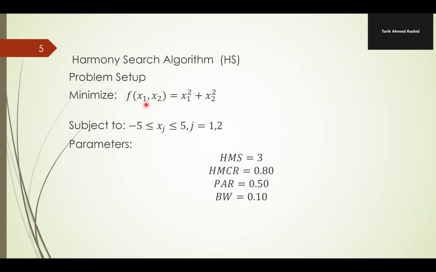So here is the example, x1 and x2. The fitness function is x1 squared plus x2 squared. The dimension for x1 is between -5 and +5, and j goes from 1 to 2. Parameters: we have three solutions in the harmony memory size, the considering rate is 0.8, the pitch adjusting rate is 0.5, and the bandwidth is 0.1 for local search.